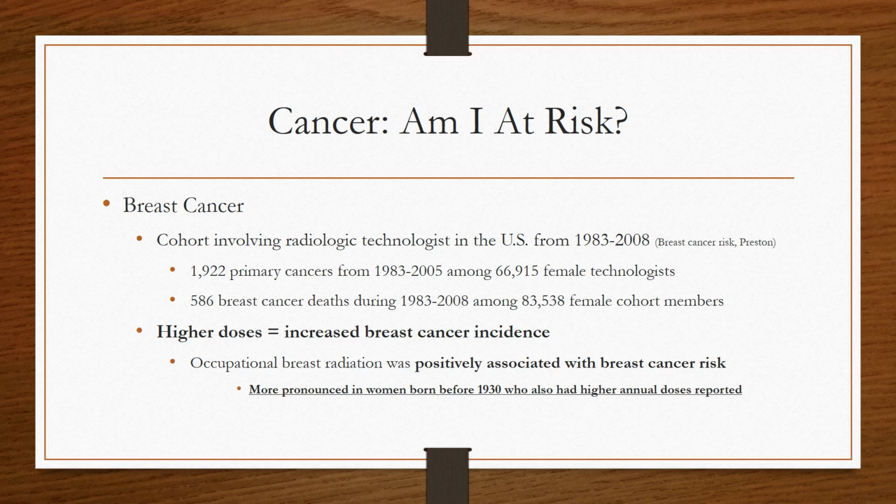The last point was important for me to include as well, because they were able to show that this incidence was much more prevalent in women born before 1930, who also reported higher annual doses of radiation. This serves as another early peek into the importance of appropriate protective equipment that we will talk about later.